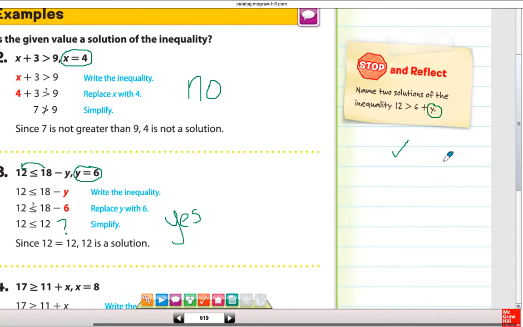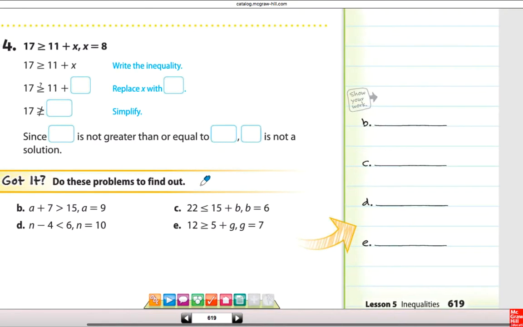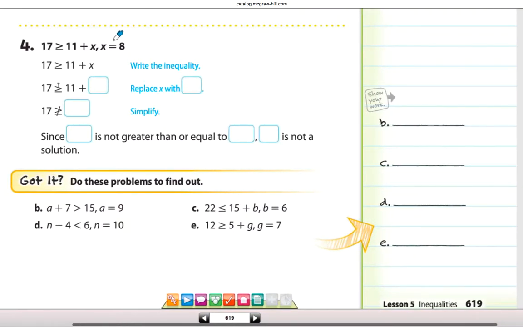Okay, let's see about the last few here. Okay, so number 4, we'll breeze through this one pretty quickly. X equal to 8, is that going to work for X? So when I plug in the X, I want you to put an 8 in this block.